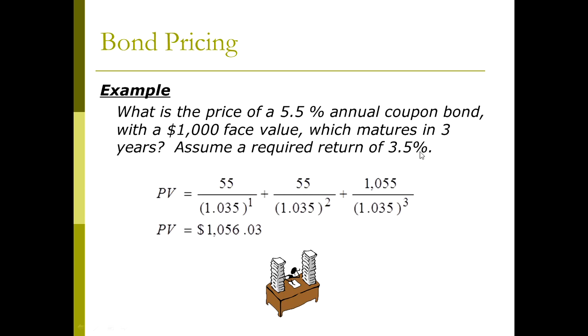So the 3.5% return is the prevailing market rate, or your opportunity cost. 5.5% is higher than what you expected or required. So that is why you are willing to pay more than face value. $1,000 is the face value. You are paying a $56 premium to get this bond because the annual coupon payment is higher than you expected. So 5.5% is higher than 3.5%. That is why you are willing to pay a $56 premium for this $1,000 bond.